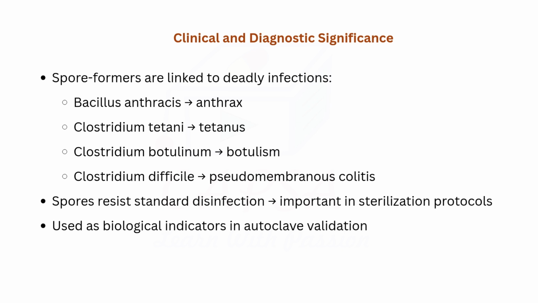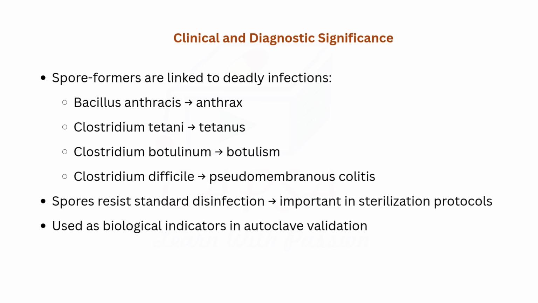In medical microbiology, endospore-forming bacteria are among the most dangerous human pathogens. Think of Bacillus anthracis causing anthrax, or Clostridium tetani leading to deadly muscle spasm in tetanus. C. botulinum causes flaccid paralysis via one of the most potent toxins known to man. Even in hospitals, spores from C. difficile can contaminate surfaces and resist disinfectants, causing recurrent infections in patients.